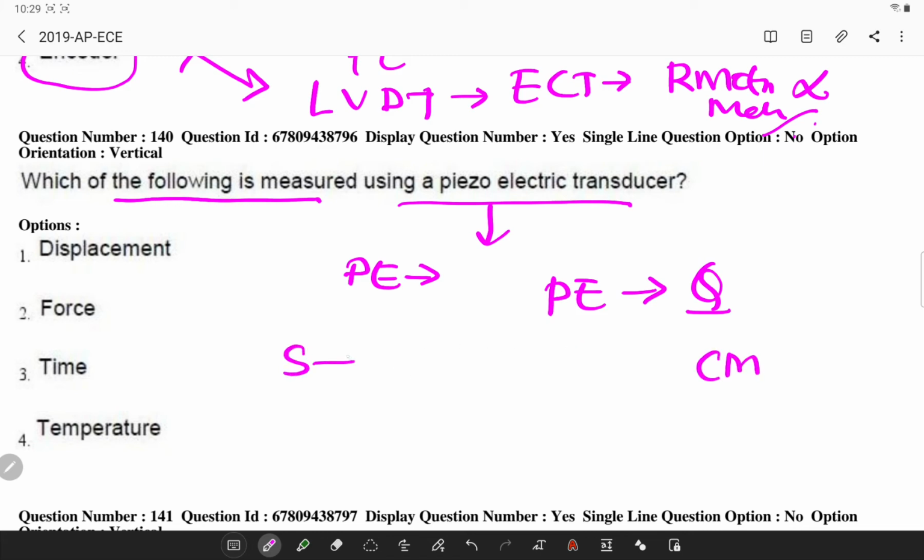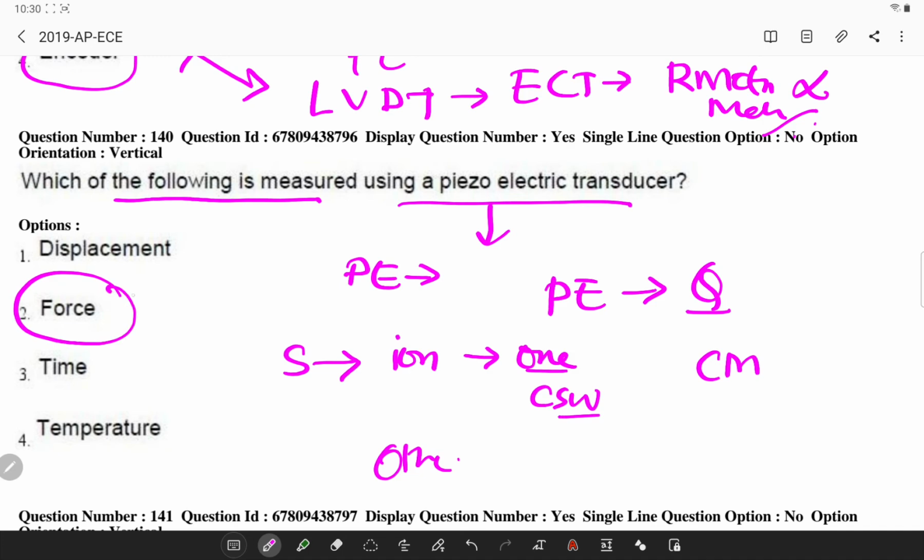Now when stress is applied, the ions in the material move toward one conducting surface while others move towards the other side. So this is the principle. So this, if you observe, is used for the measurement of force.